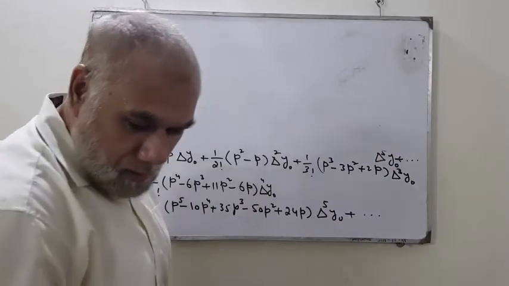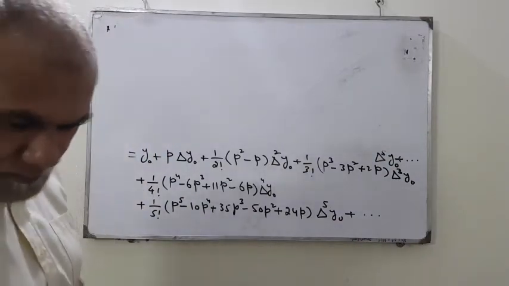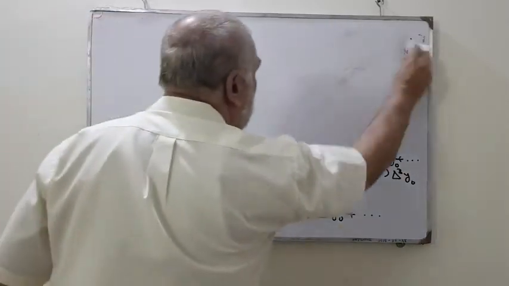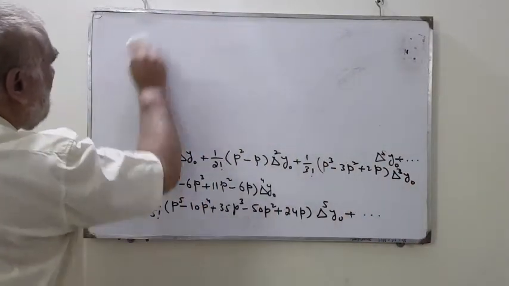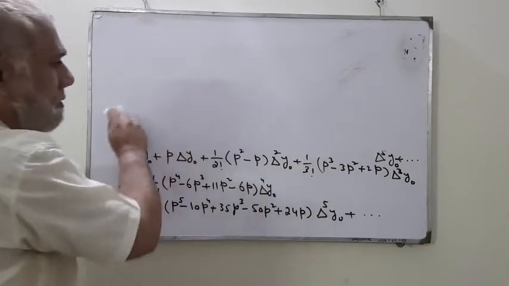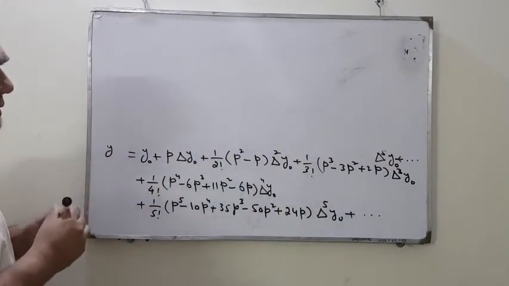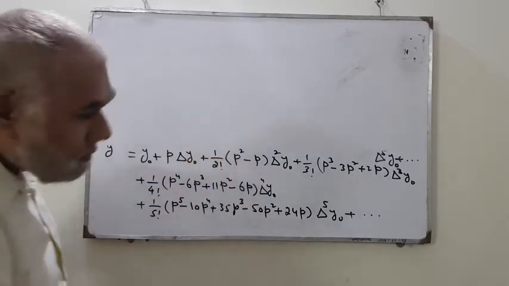The next step is to differentiate, because we are deriving the derivative formula. This is a polynomial and we are going to differentiate it.